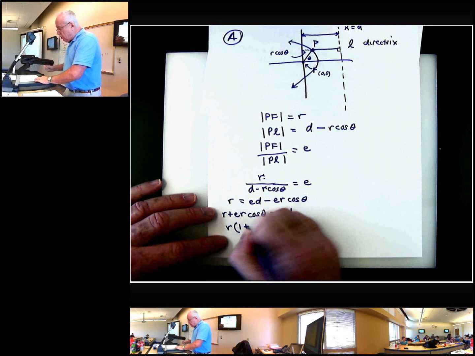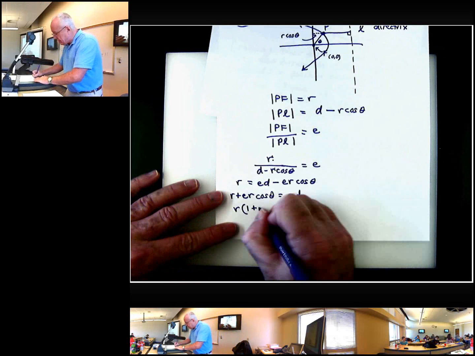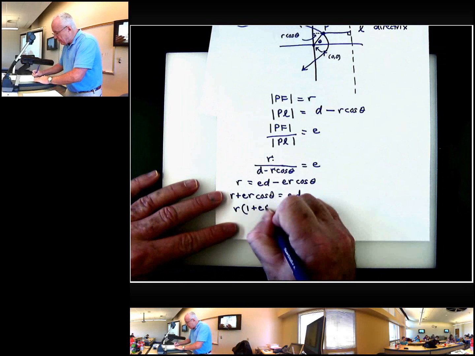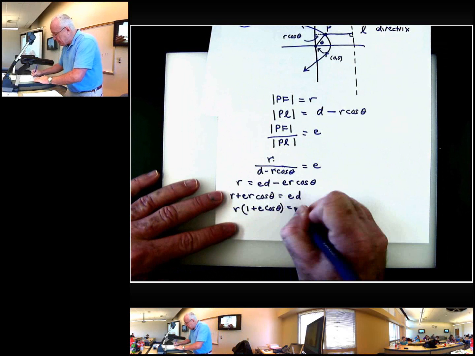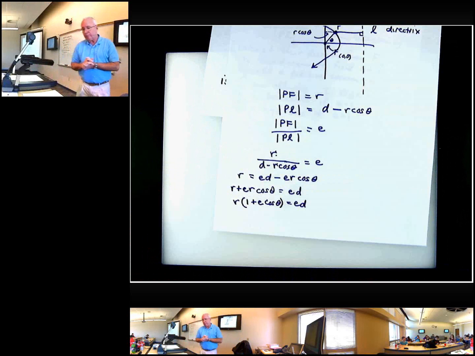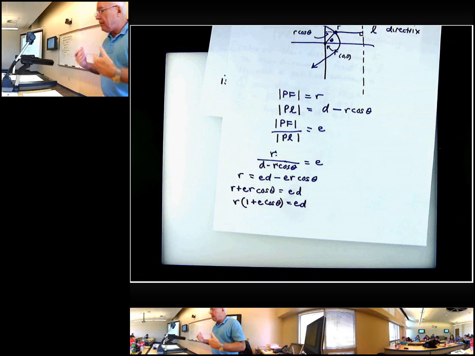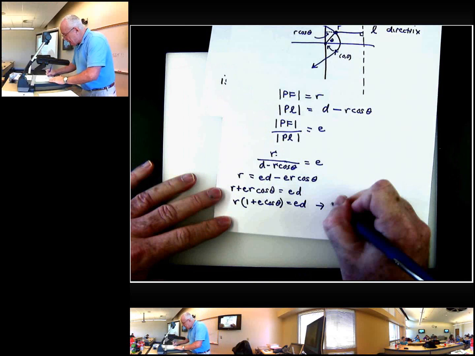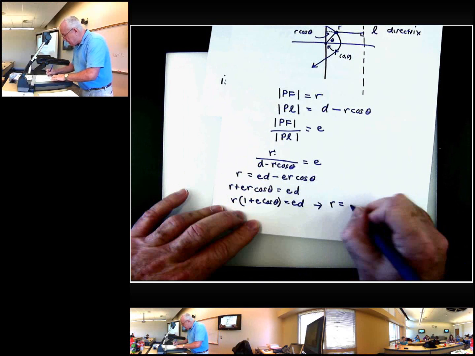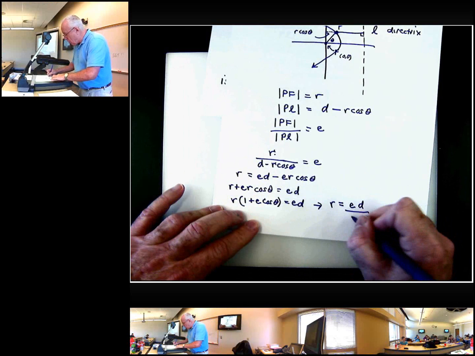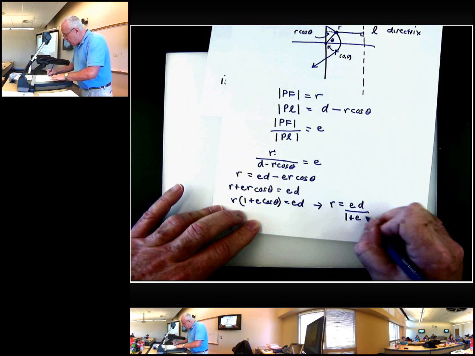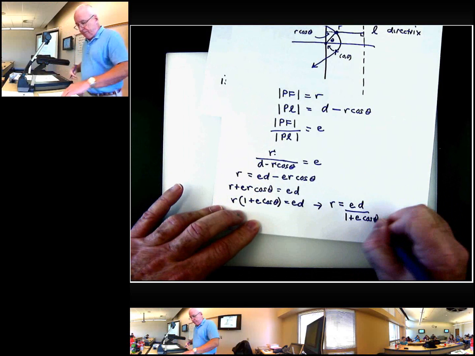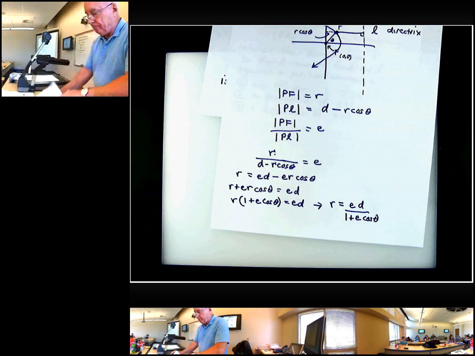So that's r times 1 plus e cosine theta is equal to e d. And then finally, I will divide by 1 plus e cosine theta, and I get that r is equal to e times d over 1 plus e cosine theta.